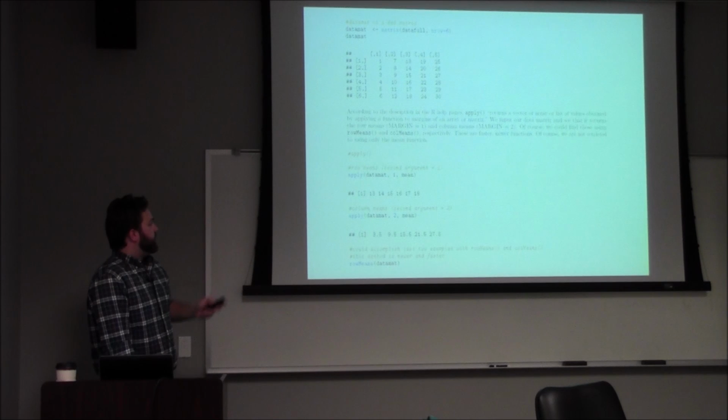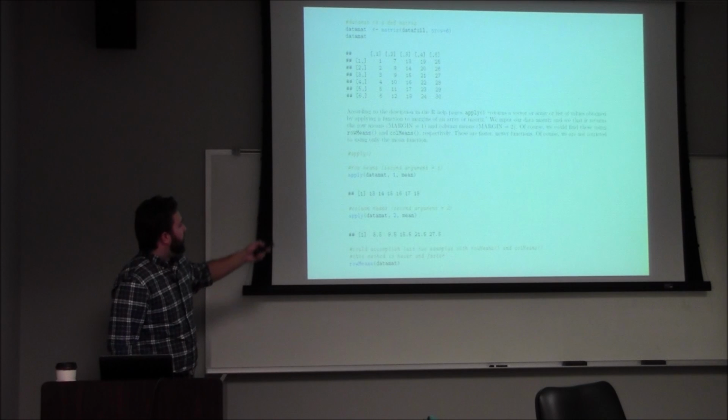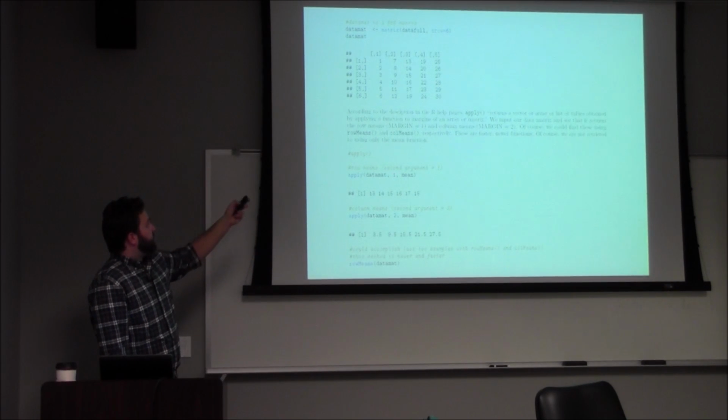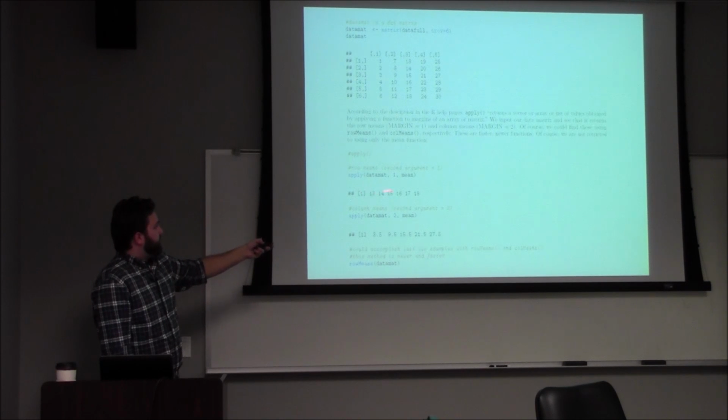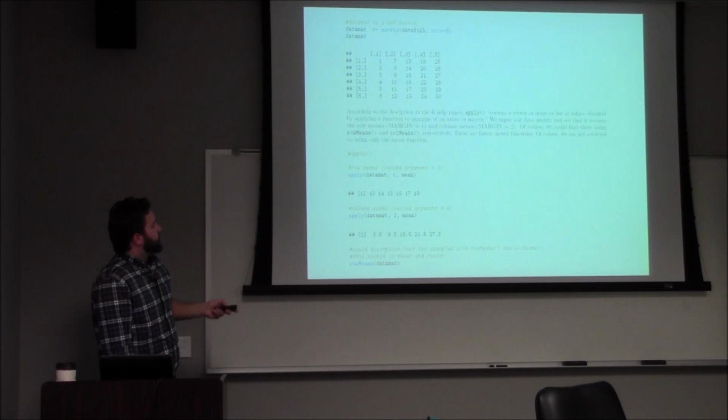So if I use the apply function on datamat, what is going to happen? If we put in the 1, you'll see that it prints out a row vector of 13, 14, 15, 16, 17, 18. So what exactly has that done? We know that a 1 means rows, right? So what it's done is it has printed out a 6 vector because there are 6 rows in our data matrix. And so it's printed out the average of each of those rows.